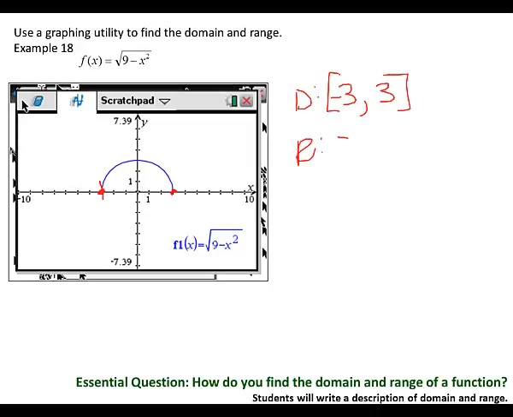I want my smallest y value. Think at the bottom, what's that y value right there? 0. Good. Open or closed? Closed. What's my biggest y value? 3. Open or closed? Closed. Alright. We're going to try to finish this.